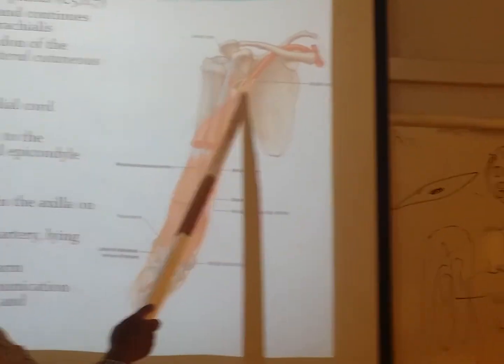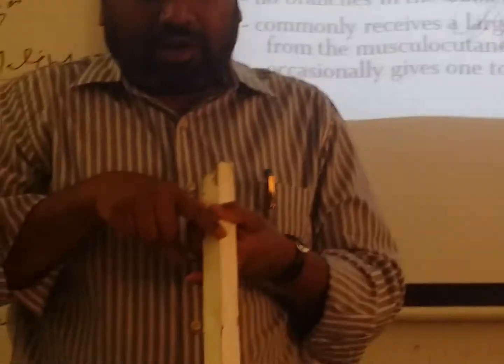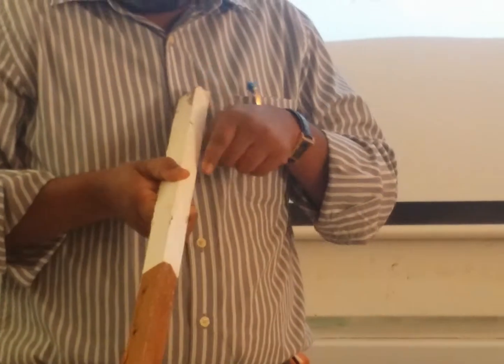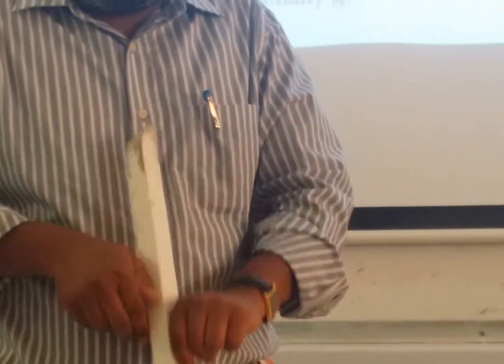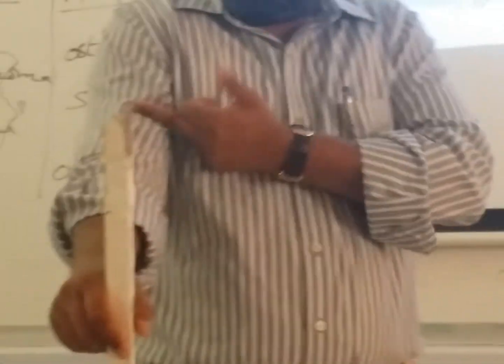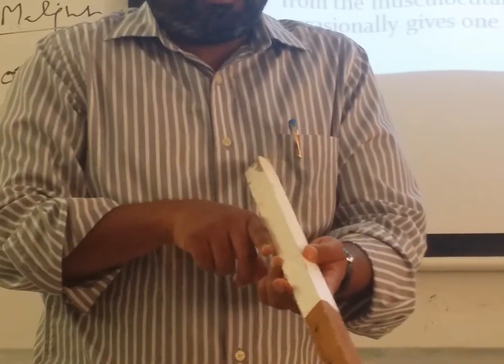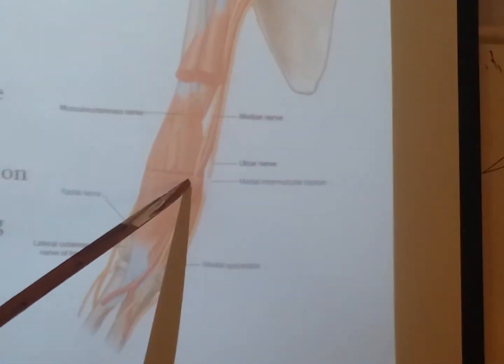Okay? So this is the brachial artery, right? If you consider this as brachial artery, along the lateral side you have the median nerve. Along the medial side you have the ulnar nerve. They run along with the brachial artery up to the middle of the arm. In the middle of the arm, the median nerve crosses from lateral to medial side, anterior to the brachial artery.